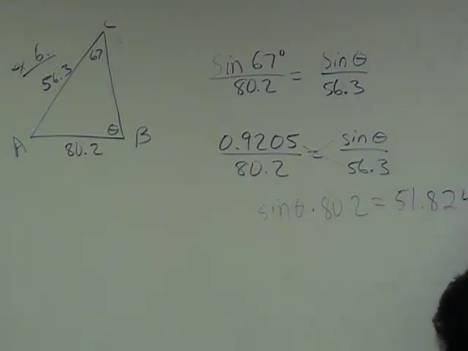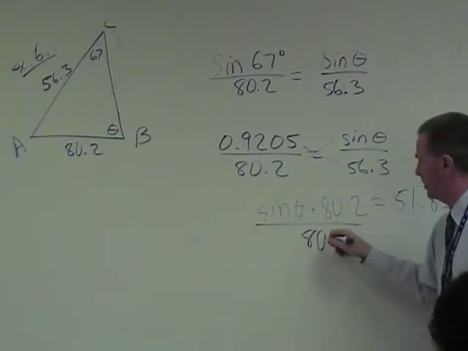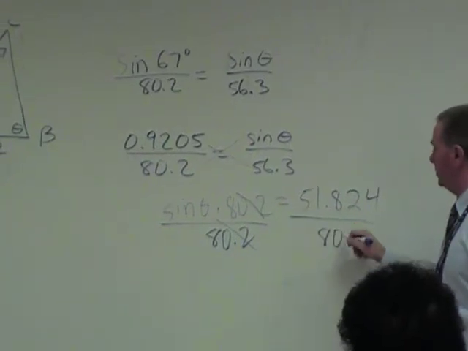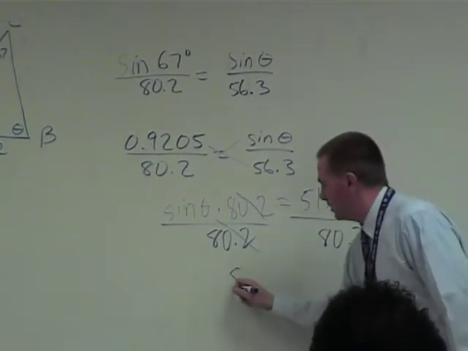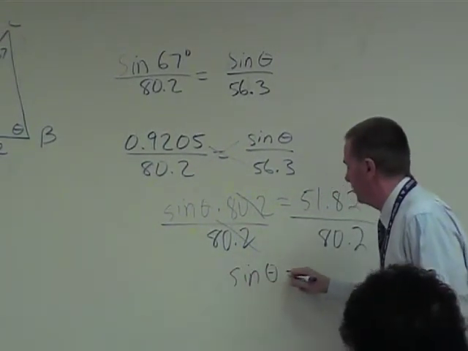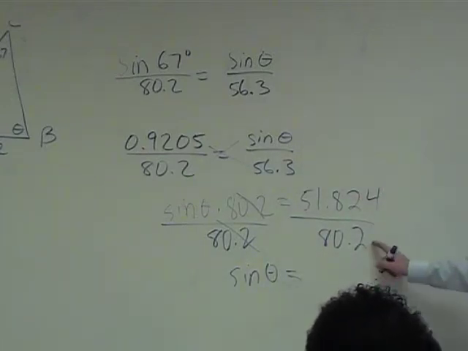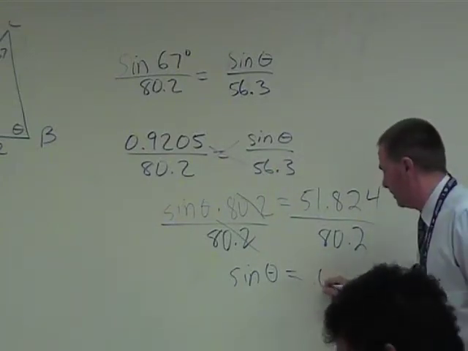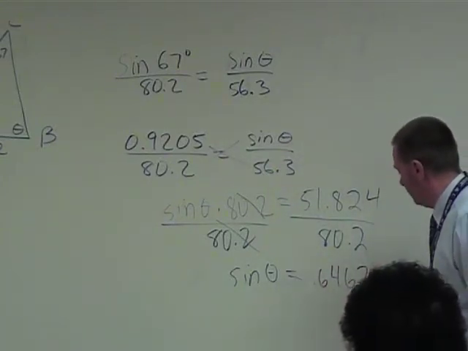Now how do I get sine of theta by itself? It's just algebra at this point. Divided by 80.2. So now I take that number, divide by 80.2, and that tells me the sine of theta. What is the sine of theta? Just divide by that. Everybody?